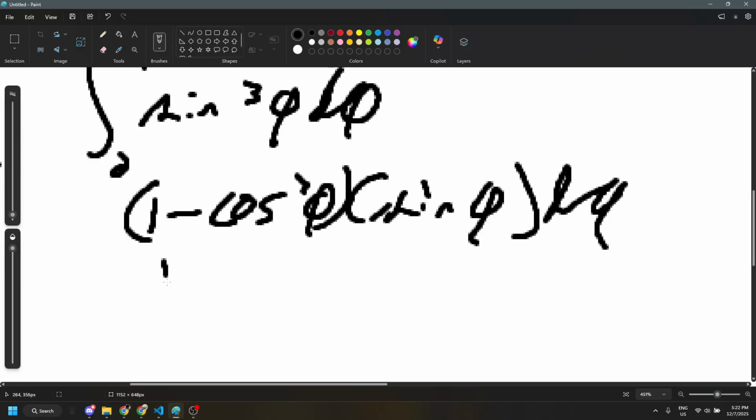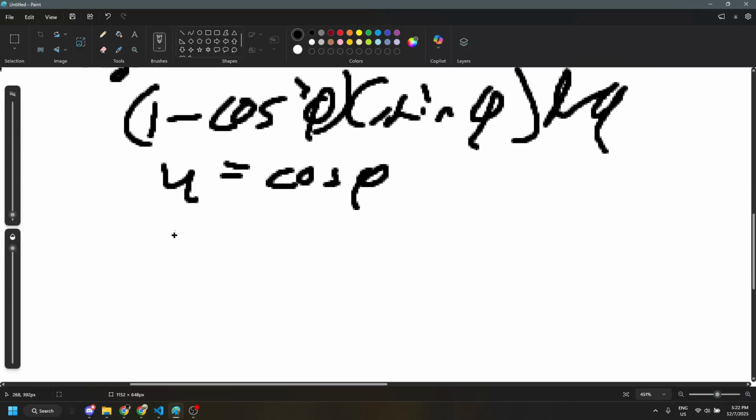So set u equal to cosine phi. du is equal to negative sine phi d phi.